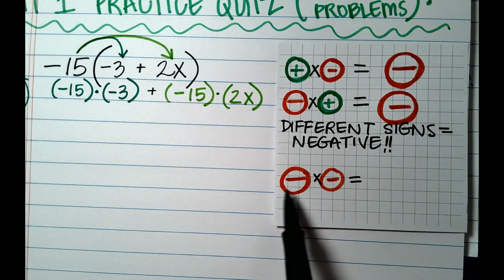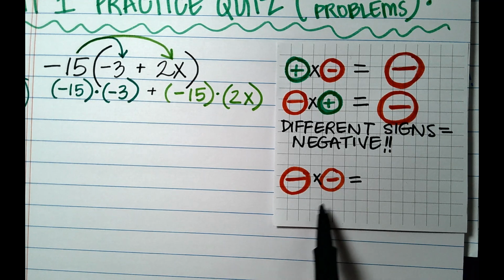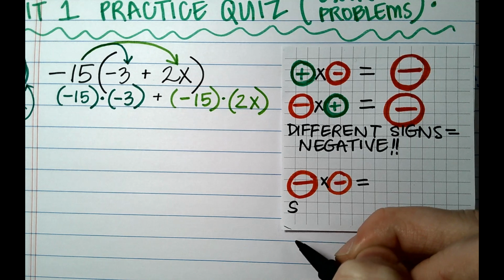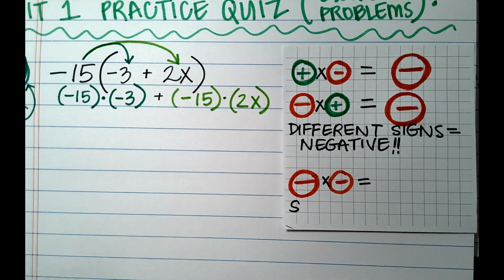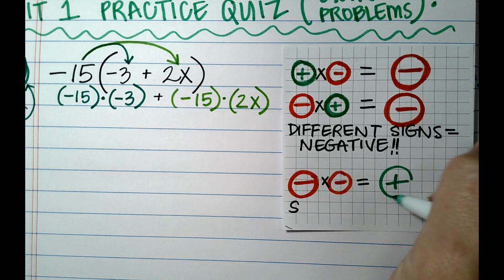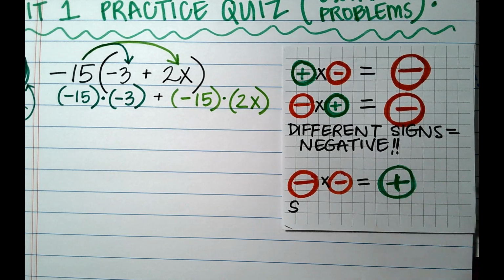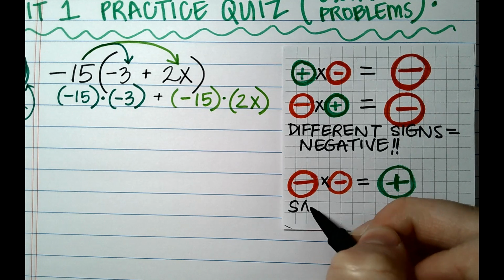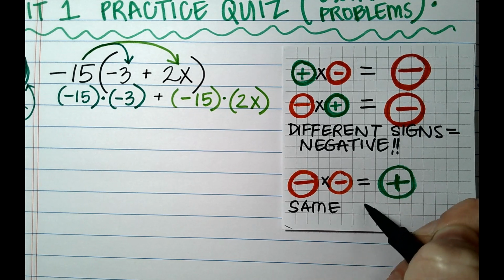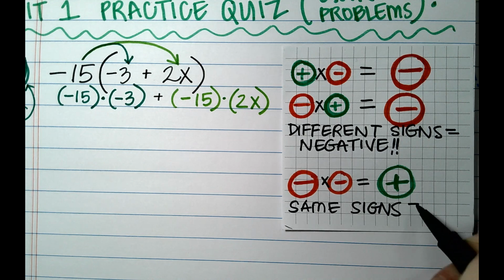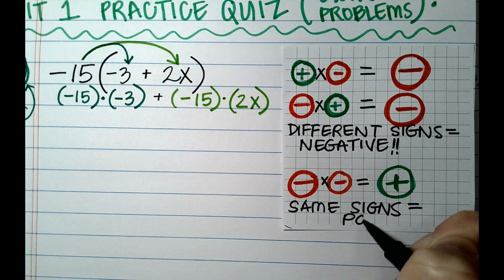Now, I have two negatives. These have the same sign. They're both negative. So they cancel, they turn positive. Believe it or not, a negative times a negative is a positive. Those negatives cancel each other out and they turn into a positive. So, same signs gives us positive answers.